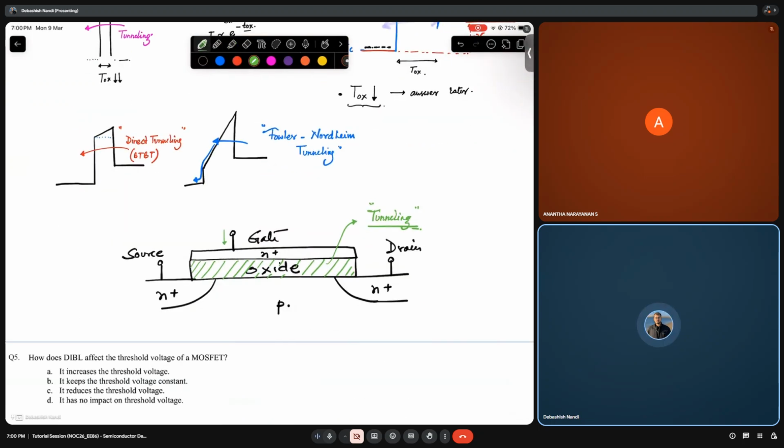So gate current or gate leakage is associated with multiple tunneling mechanisms. It can be BTBT, it can be Fowler-Nordheim, it can be Poole-Frenkel, it can be TAT, trap-assisted tunneling, many things.